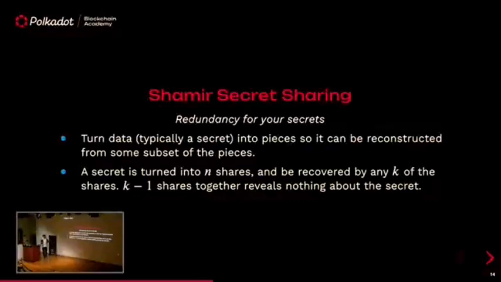So the big difference with Shamir secret sharing that maybe I didn't make super clear is that if you want to do anything with this data, supposing it's a secret key, it needs to be reconstructed with k shares, and then it's all in one place.